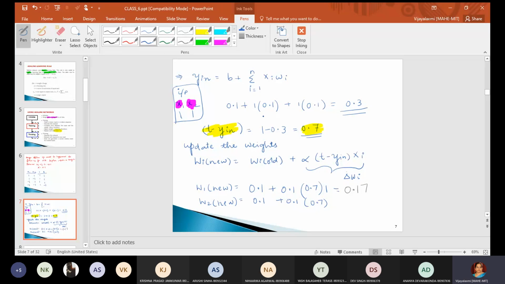So this is 0.17. Now the third one: B new is equal to B old plus alpha into t minus y in. Here xi is not there, or xi is equal to 1, so this will be 0.17.